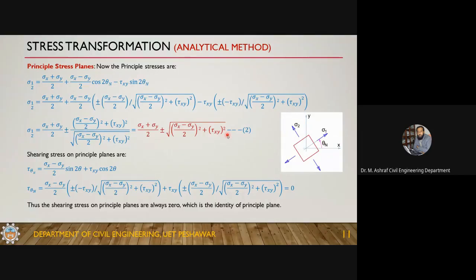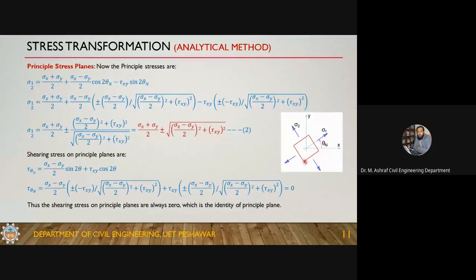So this is algebraic maximum and minimum. If you have two stresses, -10 and -20, then -10 will be sigma 1 and -20 will be sigma 2. And if you have +10 and +20, then +20 will be sigma 1 and +10 will be sigma 2. So this is algebraic. On the positive side, the higher value will be taken as sigma 1 and the next will be taken as sigma 2.